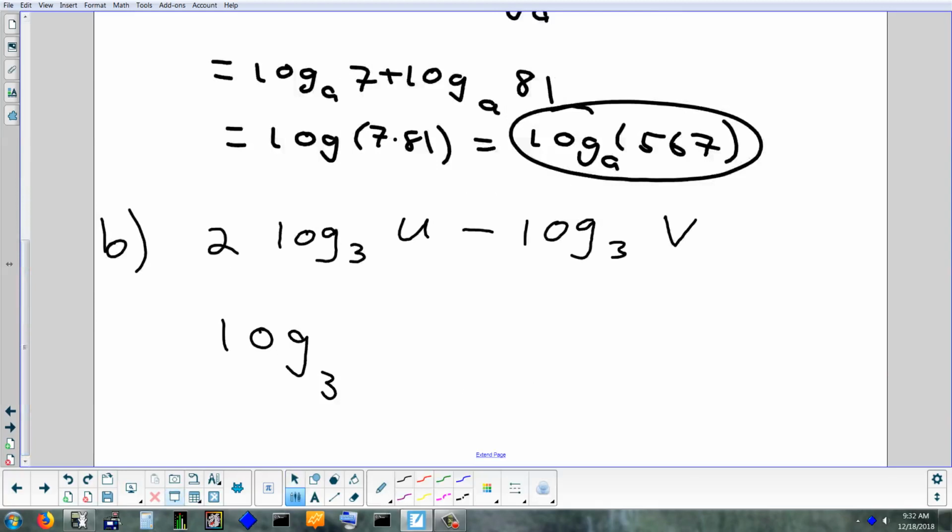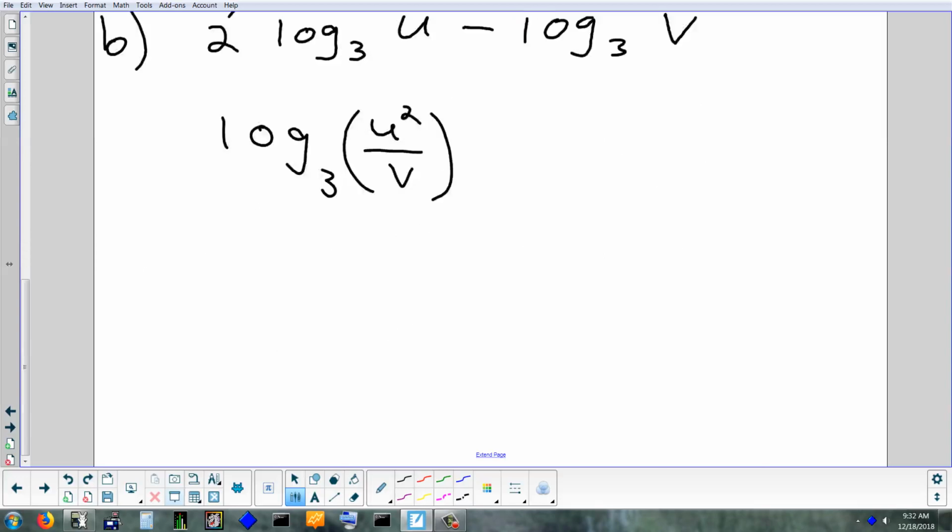Anyone think they can tell me what the argument would be? U squared, u over v. Close. I like the fraction part. That's good. But it's going to be u squared over v. Any question on that?